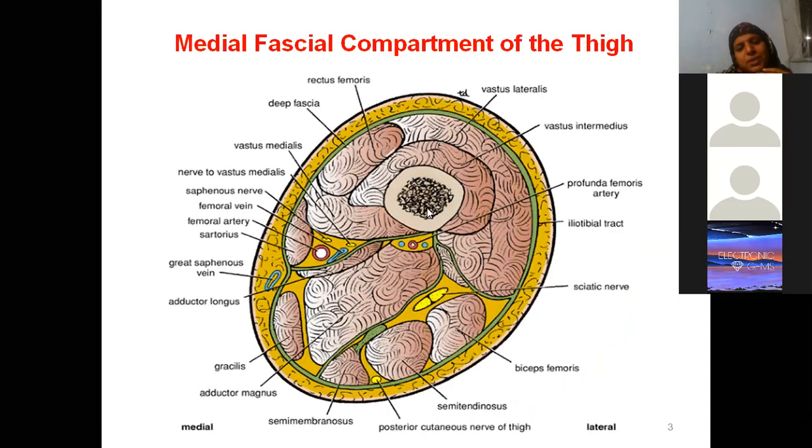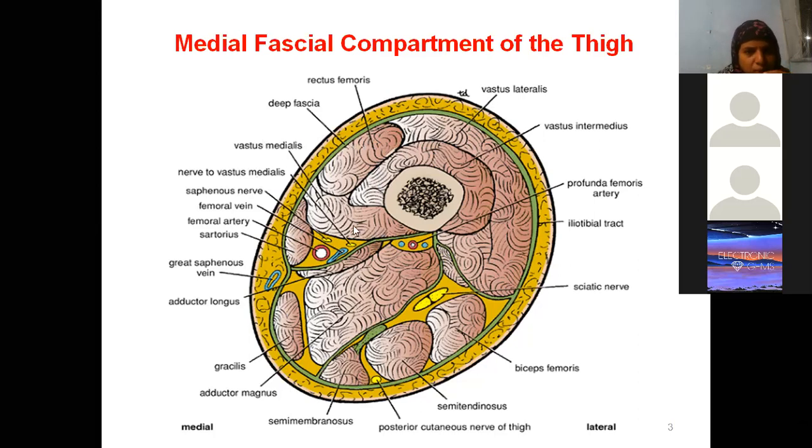This picture will help us to understand exactly what the structures are, and where we have the femur bone. This becomes the medial intermuscular septum, lateral intermuscular septum, and posterior intermuscular septum. Now these are all front of the thigh muscles, as Hema told us: vastus lateralis, intermedius, medialis, rectus femoris.